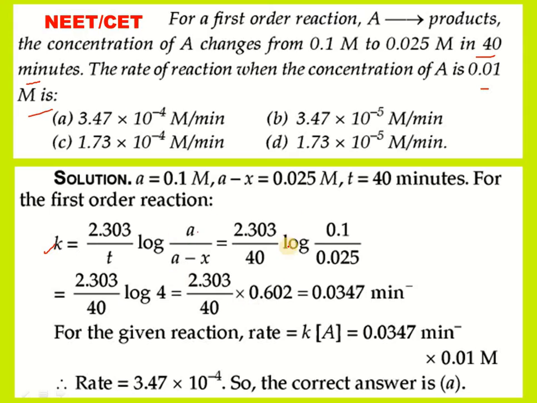Upon substitution of all these values in the first order rate constant, they got 0.0347 minute inverse. So for the given reaction, the rate usually is equals to k into concentration of A. So the rate constant already calculated is 0.0347 and concentration is 0.1.